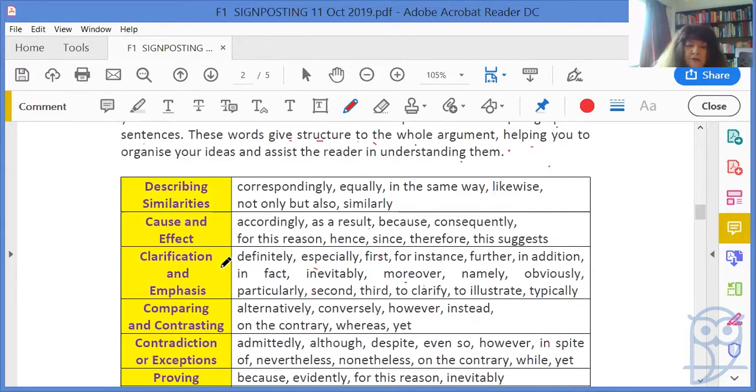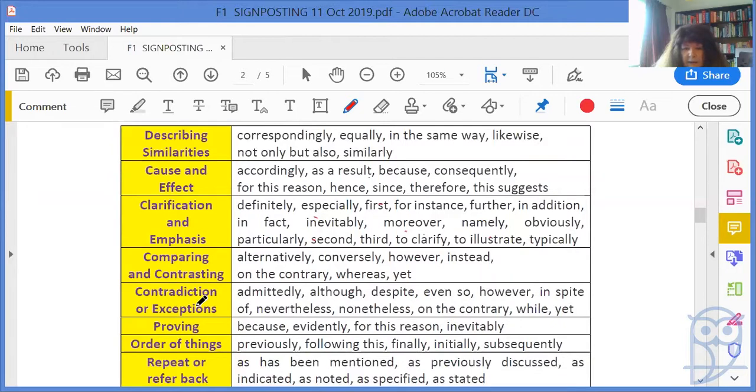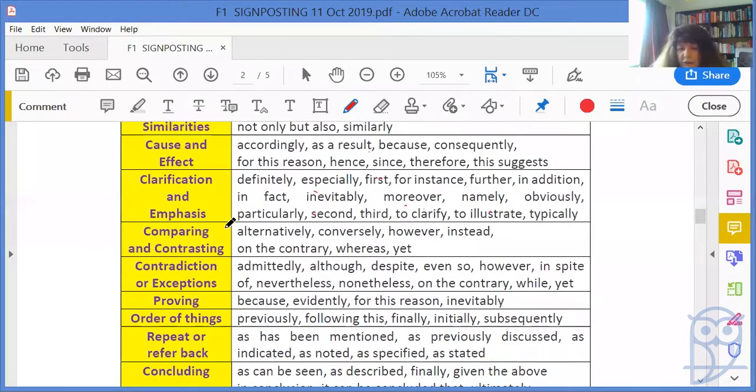These are the type of words you need for clarification and emphasis. Now, if we're comparing and contrasting things, you would then use alternatively, conversely, however, instead, on the contrary, whereas, and yet. So that's particularly to be used in your counter-argument paragraph, okay?